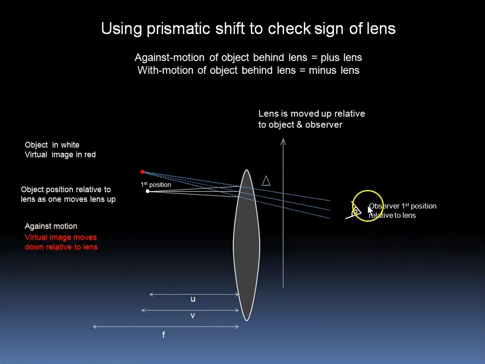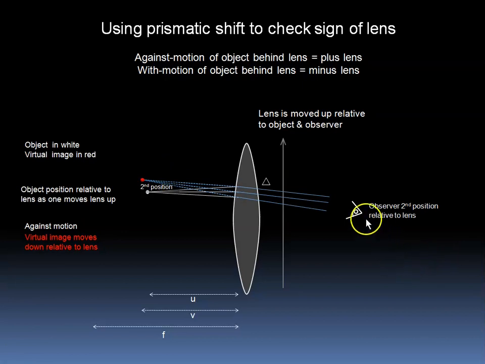Here we see the observer's pupil overlying an eccentric position of the lens with an overall base down prismatic effect, so that the virtual image is shifted upwards towards the apex. The lens has been moved up so that the observer's pupil now intersects the lens at a more central location with lower prismatic power.